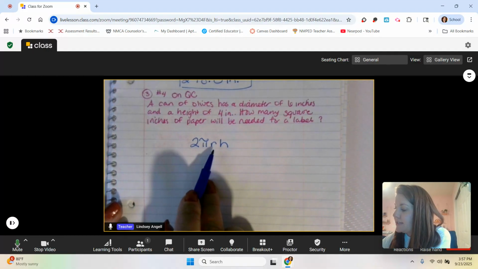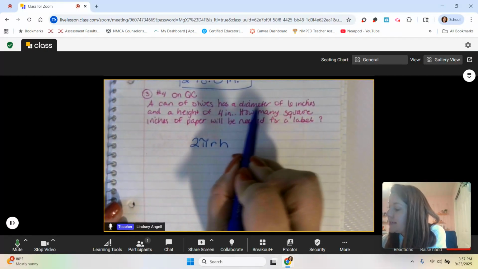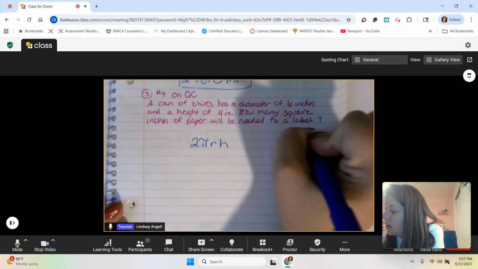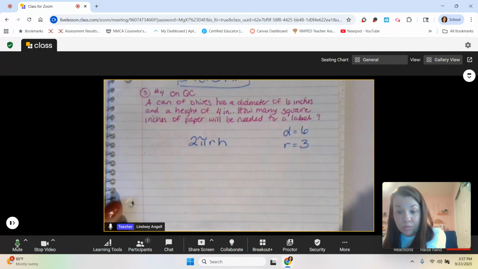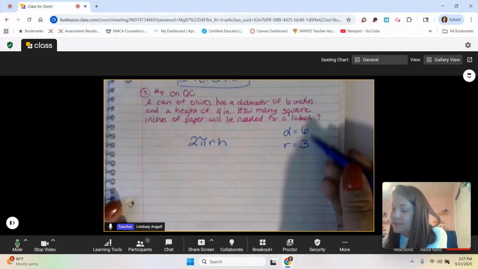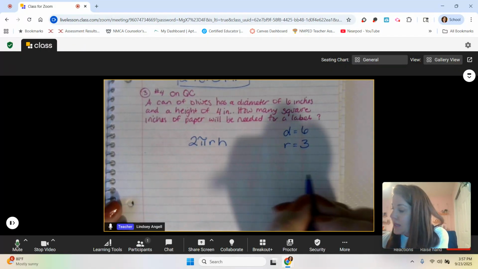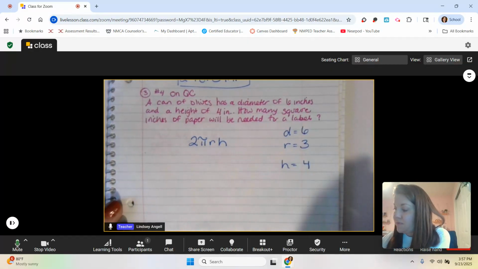So with this, let's see, we had a diameter of 6, which means my radius is 3. So I do have to be careful that I use the radius and not the diameter. And then my height is 4.